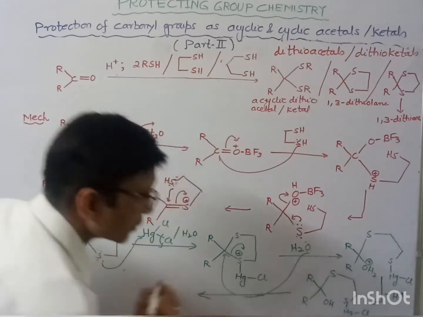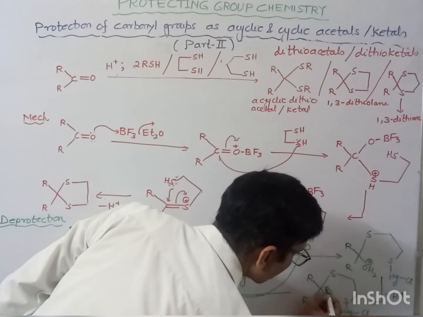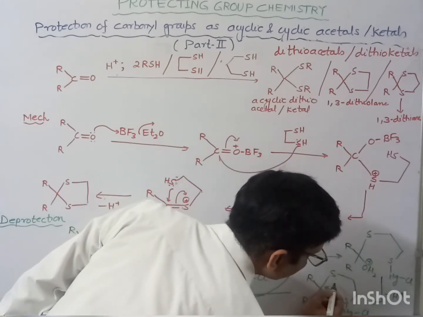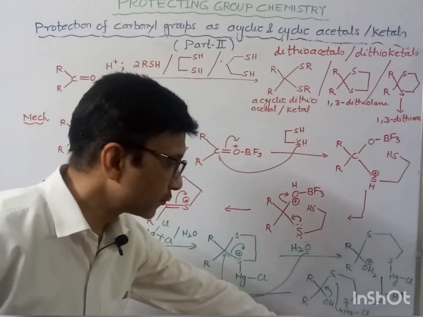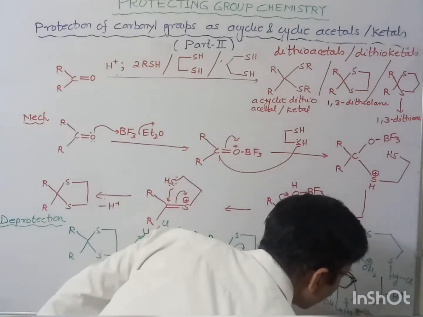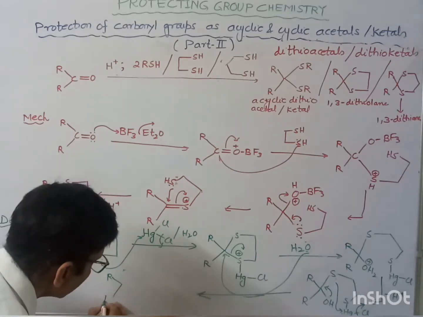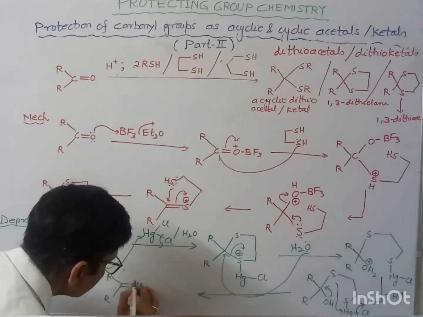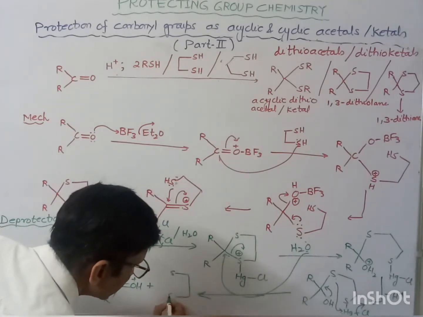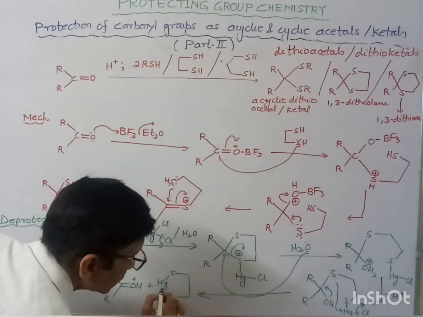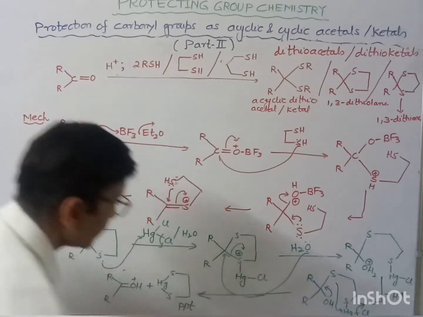Further, this lone pair will attack the d orbital of mercury, chlorine will leave, and finally we will get R, H plus, and this will get precipitated. This mercury salt that we get will get precipitated, and that can be removed.